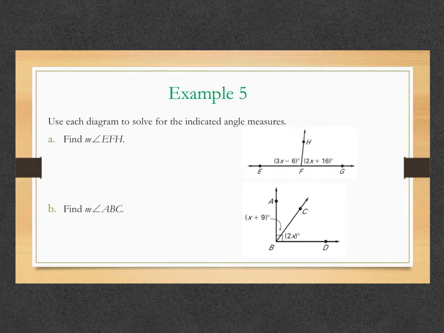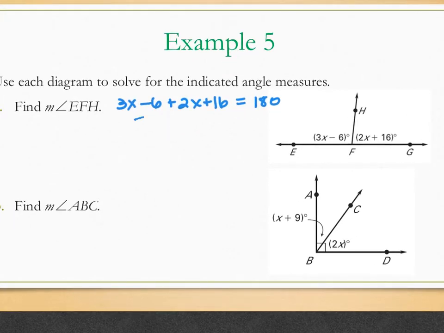So I'm going to do 3x minus 6 plus 2x plus 16 equals 180. I get 5x plus 10 equals 180. Subtract the 10. 5x equals 170.